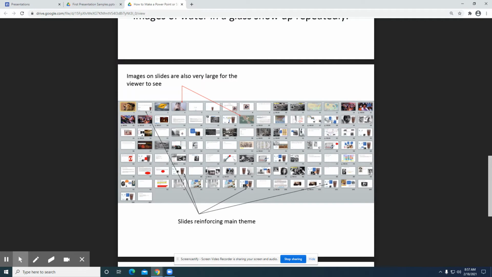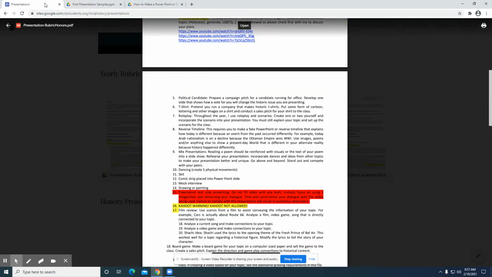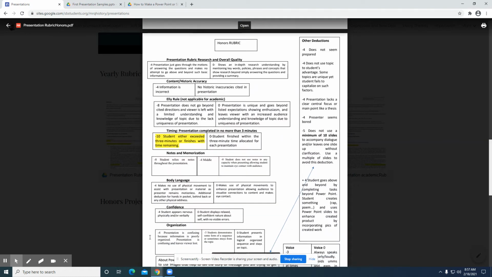So you want to probably use, I don't know, the rubric does say to use 10 slides, but also notice that it says to accompany dialogue. So if you have 10 slides, and let's just say one slide is just there and you're not really saying anything about it, you're not changing any of the visual, you're just speaking over a slide as I'm doing right now in this particular moment, that's probably going to be an issue.